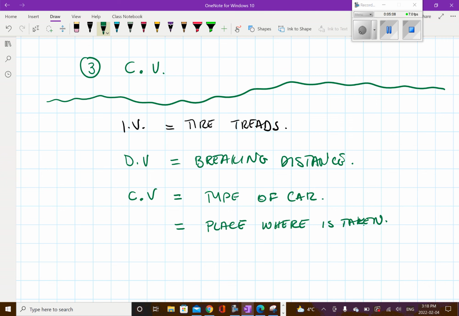Okay, so those are the three types of variables that we discuss in science. And always, the manipulated variable will be what are you changing?